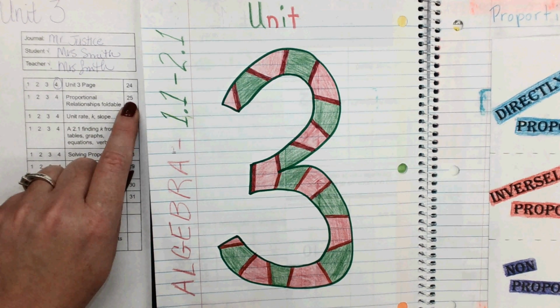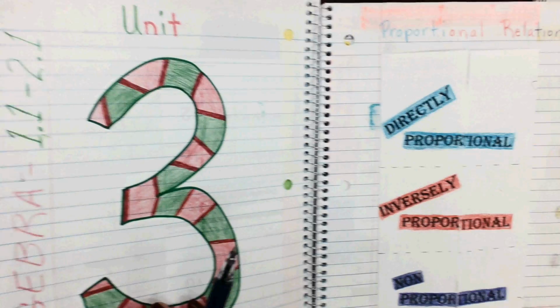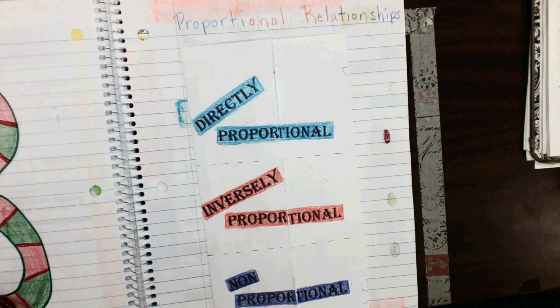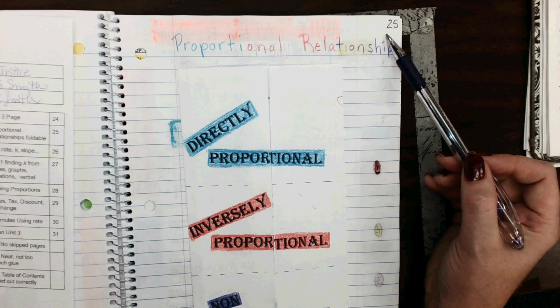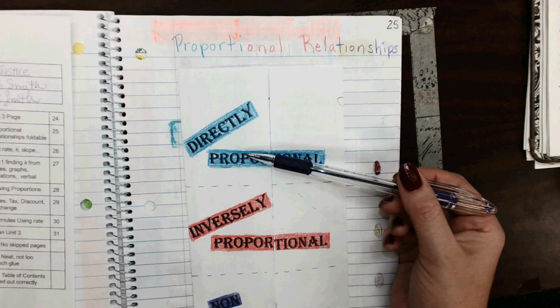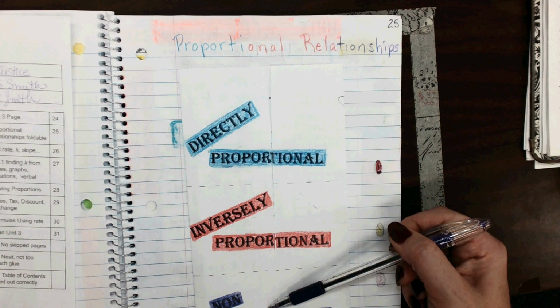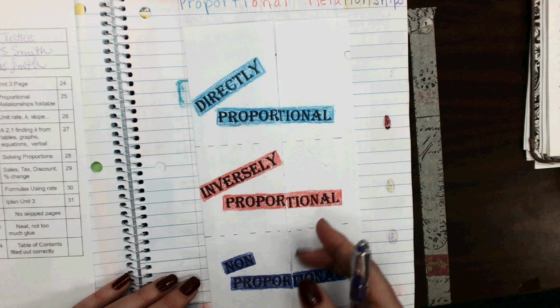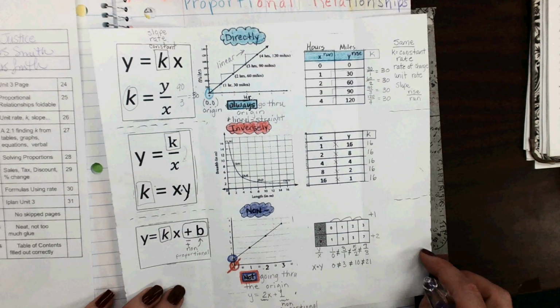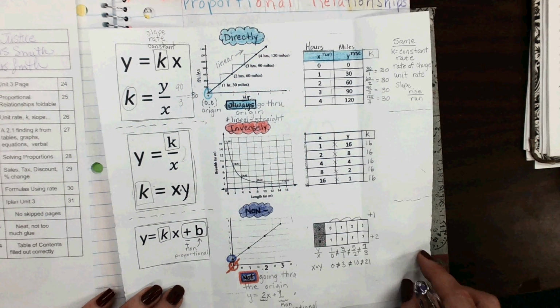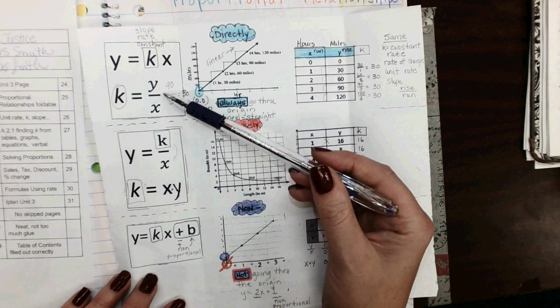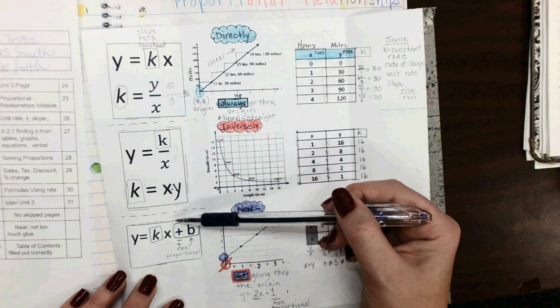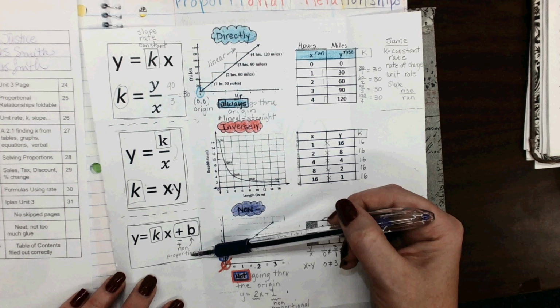So page 25 is the proportional foldable. So let's look at, here is my page 25. He does have the directly, inversely, and non-proportional foldable. And I need to check the inside to see if it's complete. Okay, according to the video, he should have marked things along the formula side.